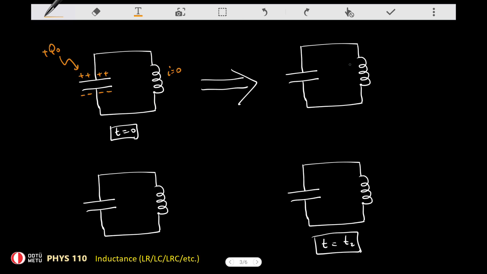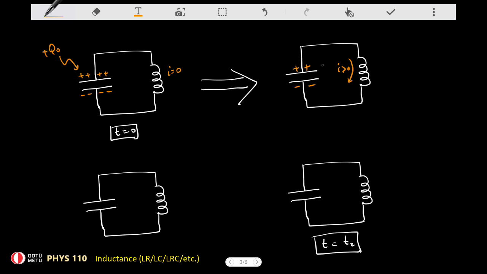So as a result, at a later time we are going to have a situation where we have a positive current flowing in that direction through the inductor, and we will have less charge on the plates of the capacitor. So at a slightly later time, we are going to have this kind of situation.